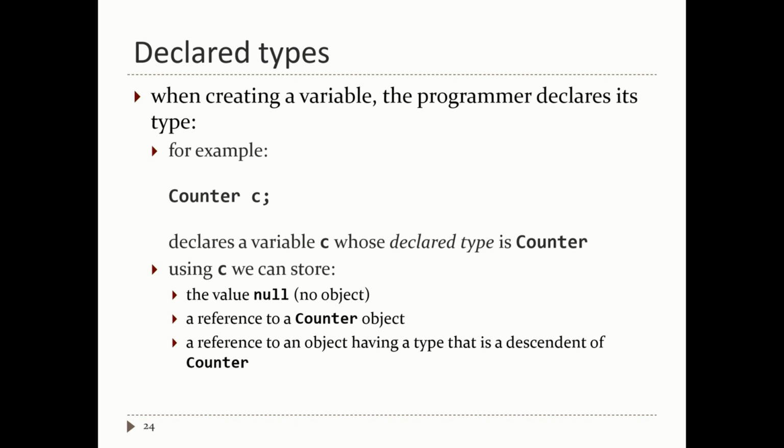So what can you use c for? I can store null in c, indicating that there is no object. I can store a reference to a counter object, so c = new Counter. Or I can store a reference to any subtype of Counter, so Counter c = new StoppingCounter, for example.